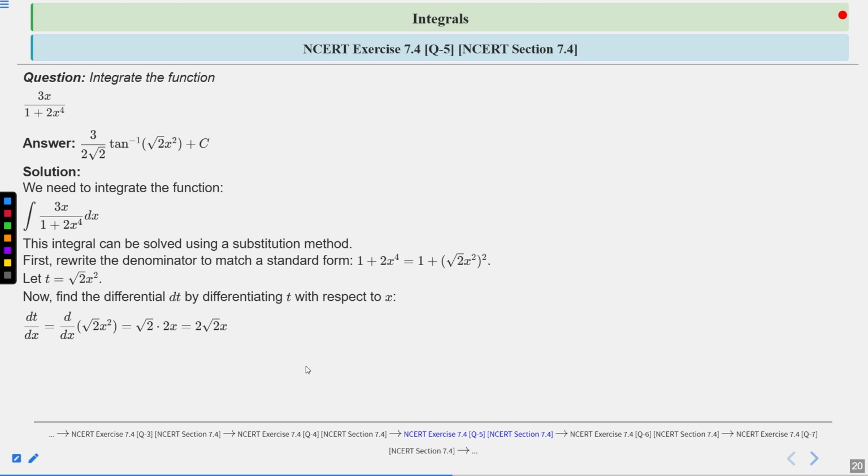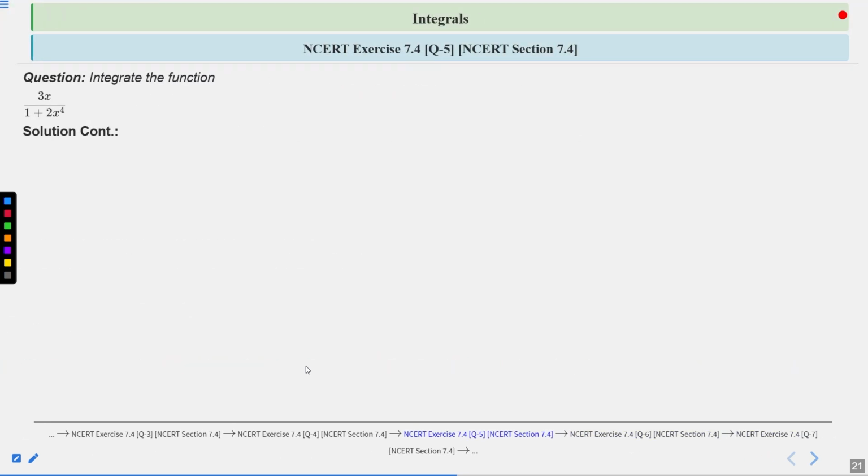So dt by dx is equal to d upon dx of root 2 x square, which is root 2 into 2x, which is 2 root 2 x. So dt is equal to 2 root 2 x dx, which means x dx is equal to 1 upon 2 root 2 dt.